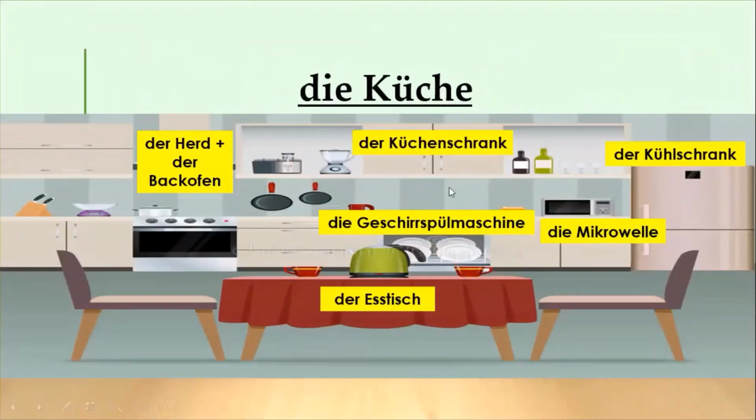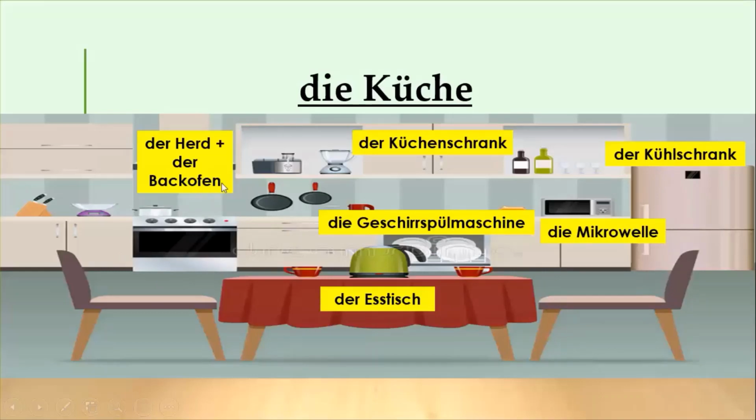And last of all, we have the kitchen, which is die Küche. Der Herd, the cooker, and it can have with it der Backofen, which is the oven for baking.